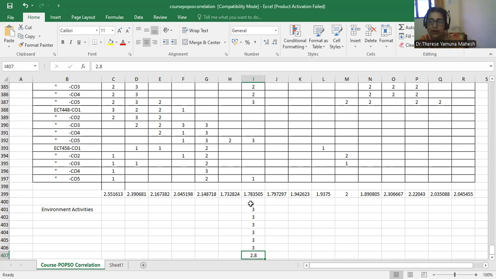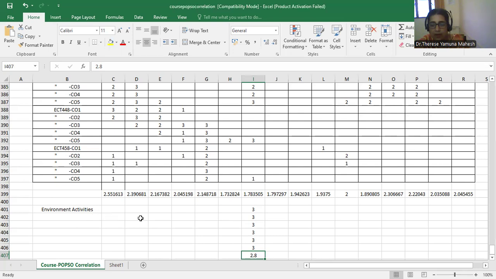Our contribution is only 1.78. Now, we are an ISO certified campus for environment, and throughout the course of the 4 years that a student studies here, we conduct a lot of programs related to environment.